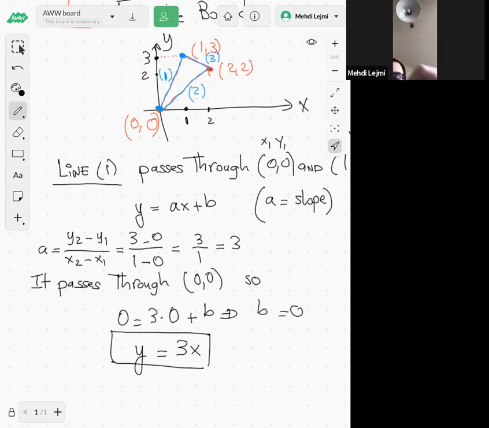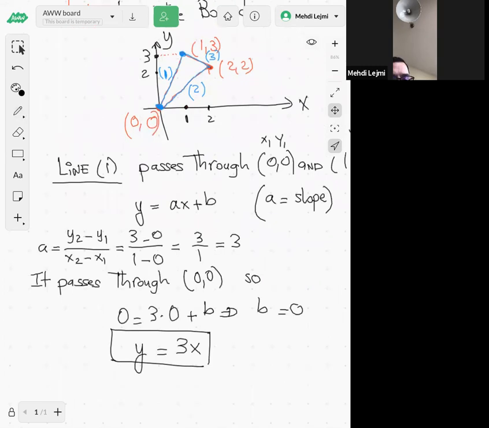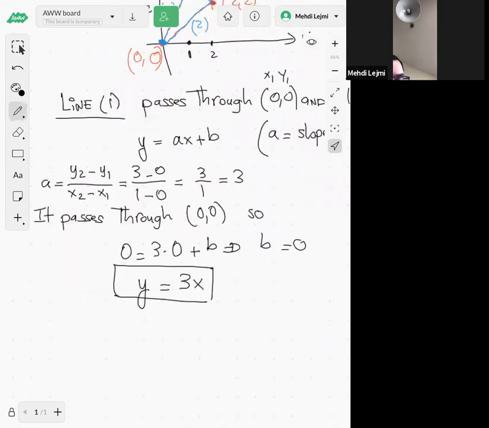Line 2, same thing. So line 2 would be of the form y equals ax plus b. The slope would be 2 over 2, so it's 1, and it passes through 0, so b is 0, so y is equal to x. Okay, so this is for line number 2.